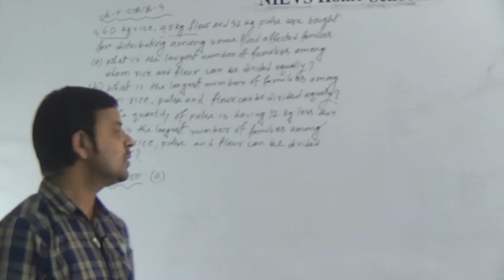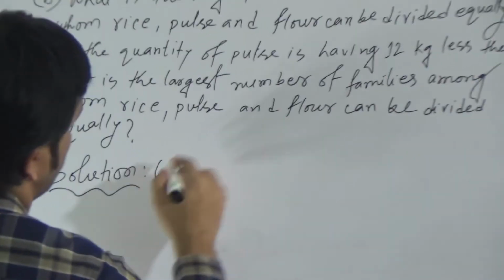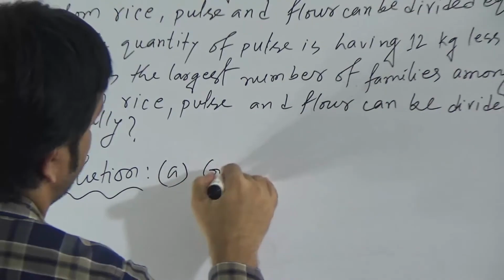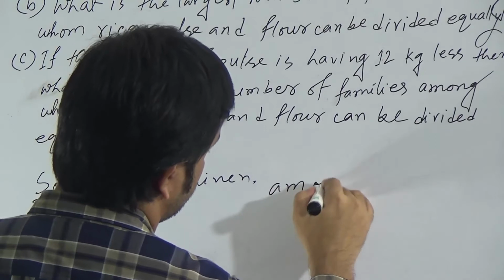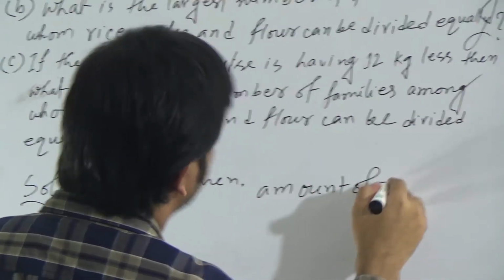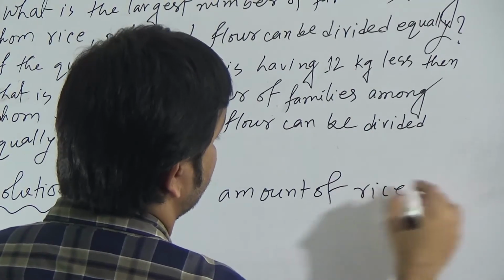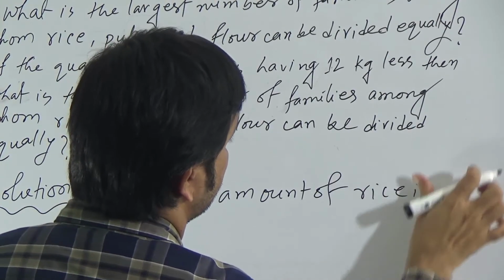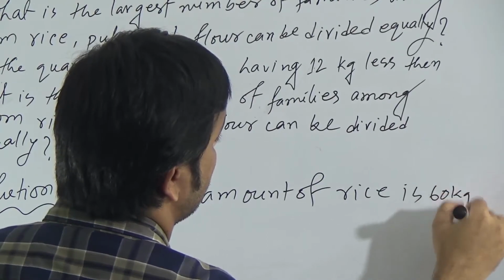Okay, dear students, let us solve the question. At first, write the given information. Amount of rice given. What is given here? Amount of rice is 60 kg.